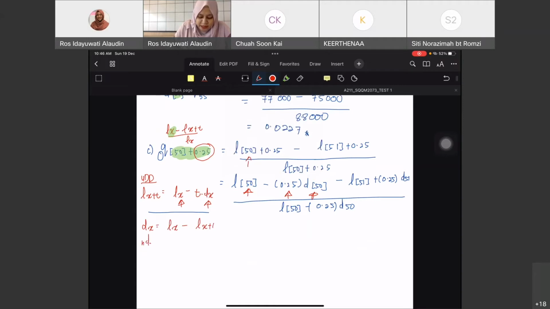So ndx is Lx minus Lx plus n. So we need D50 and D51. So this also have, we need the bracket for the H.